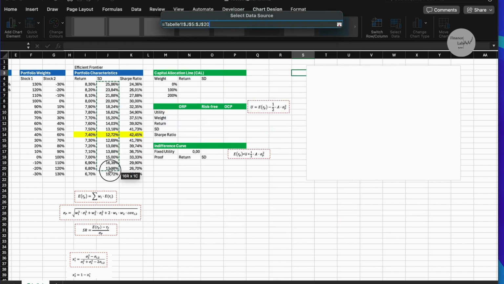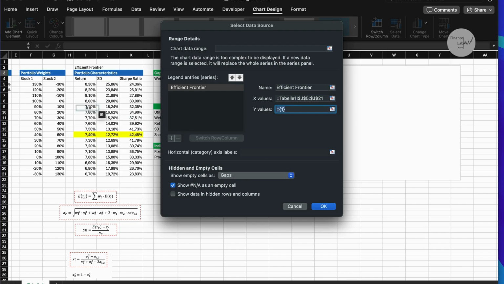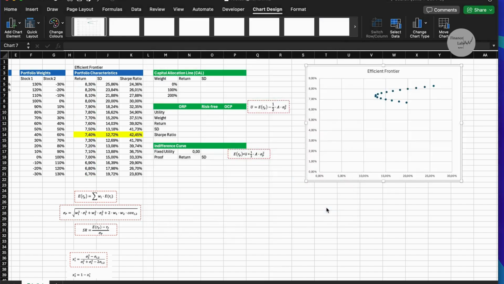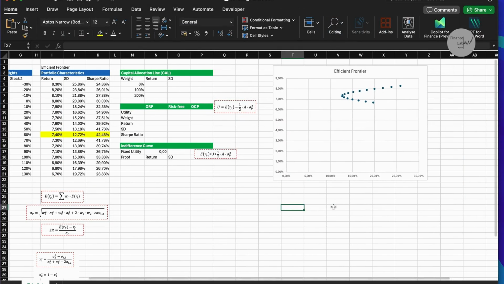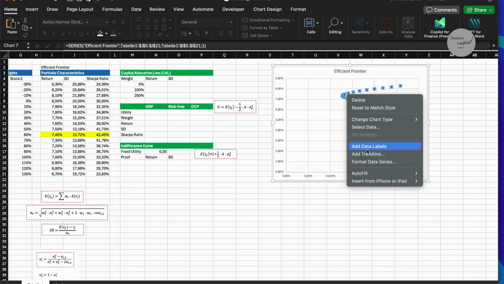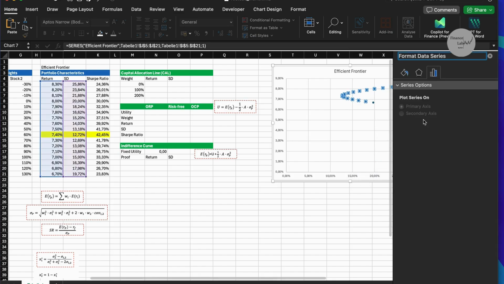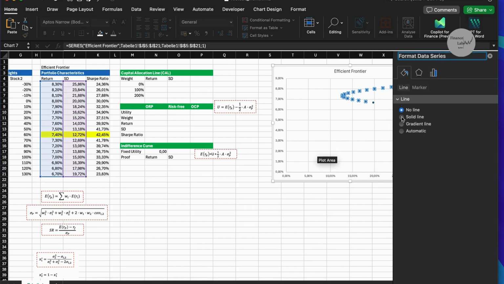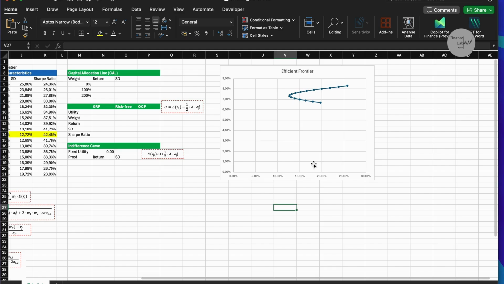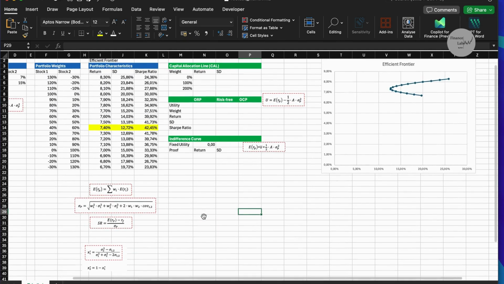X values will always be the standard deviation, and the y values will always be the expected portfolio returns. So now we can plot this. And you can format this chart like how you want. And we can put here a solid line to connect the dots, and this will be our efficient frontier.